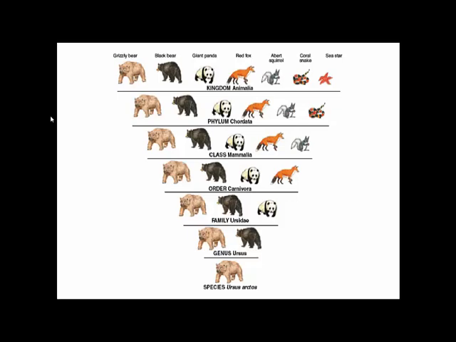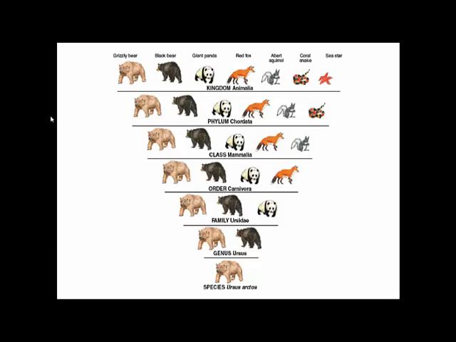Oh, these ones eat other animals. No. What about the genus? They're different. So tell me about how the panda bear and the grizzly and the black bear, how are they related? Pandas eat bamboo.